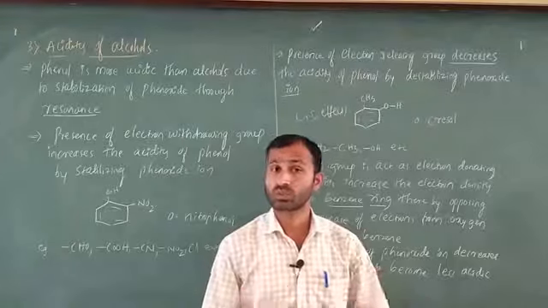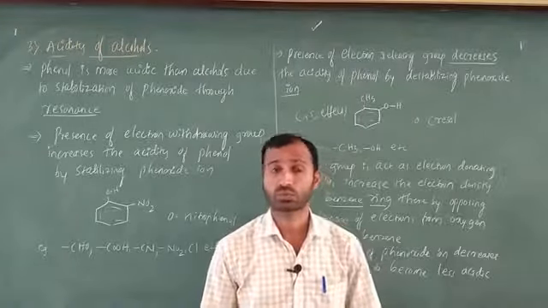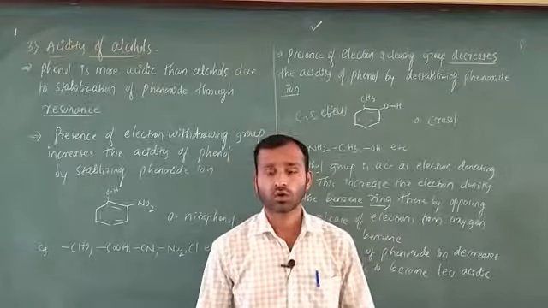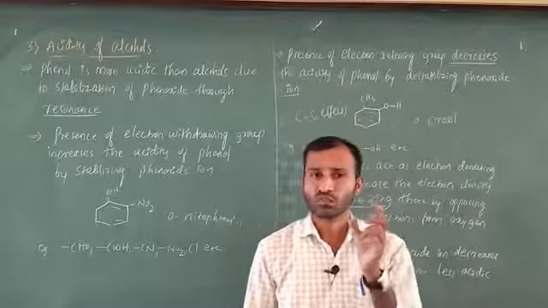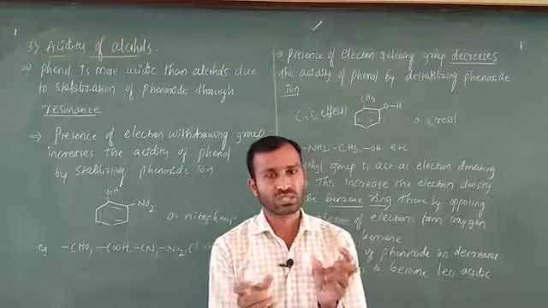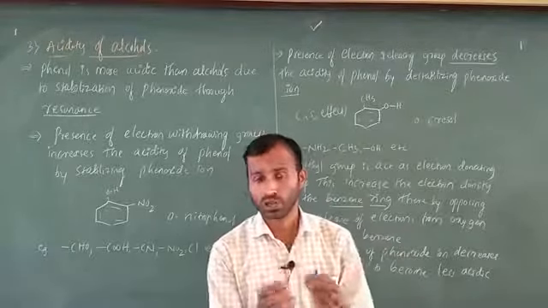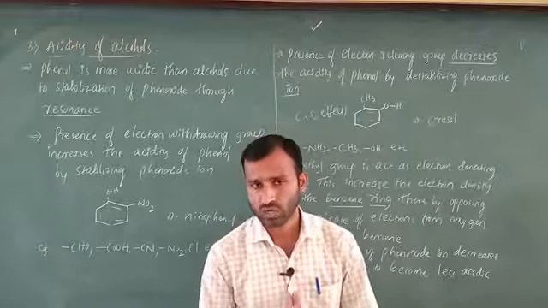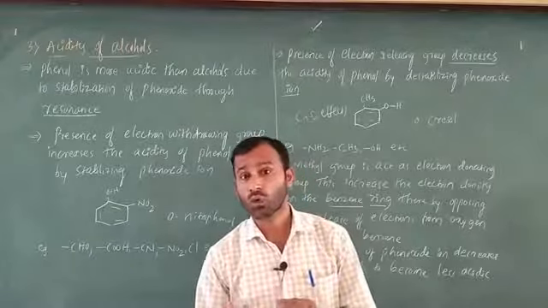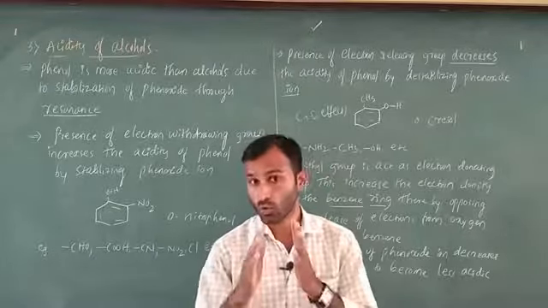Out of these two, which is more acidic? Obviously the answer is that water is more acidic than alcohol, because in alcohol there is a CH3. The formula of alcohol is CH3OH. Now this CH3 acts as an electron donating group. Automatically the negative charge on the oxygen atom increases, and the hydrogen will not go out easily.